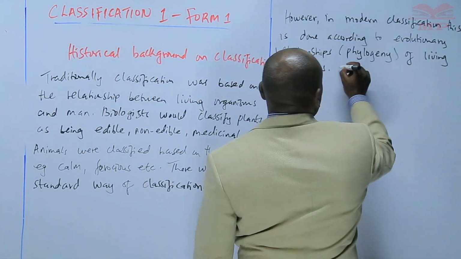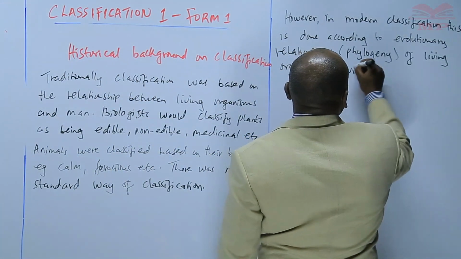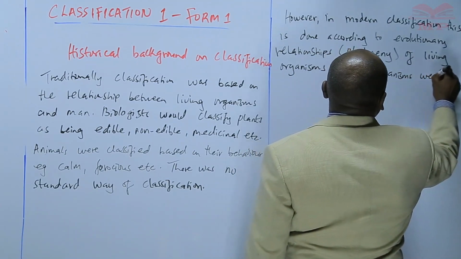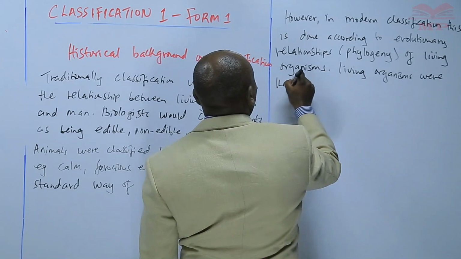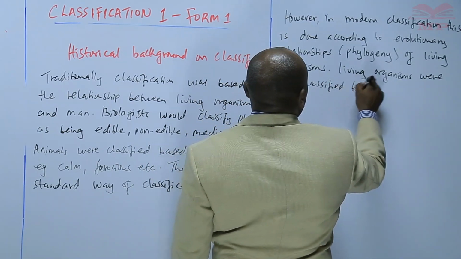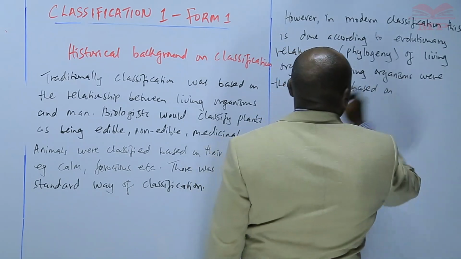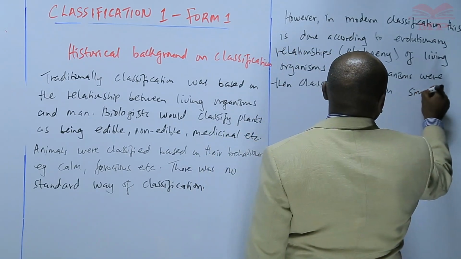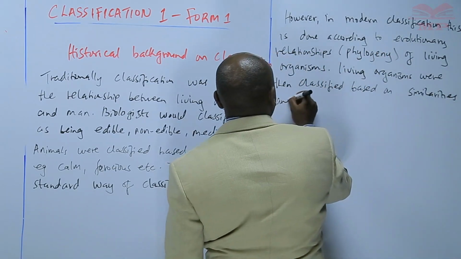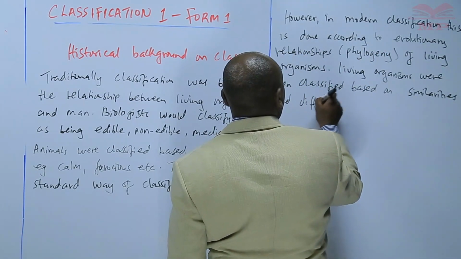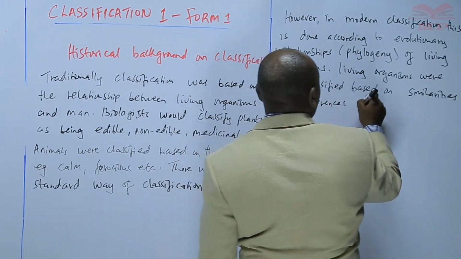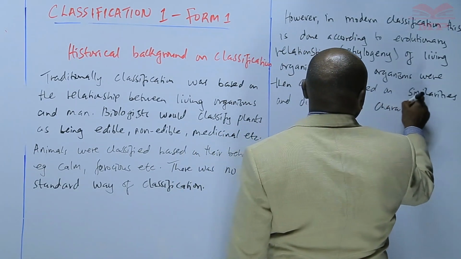So from here, living organisms were then classified based on similarities and differences in characteristics.